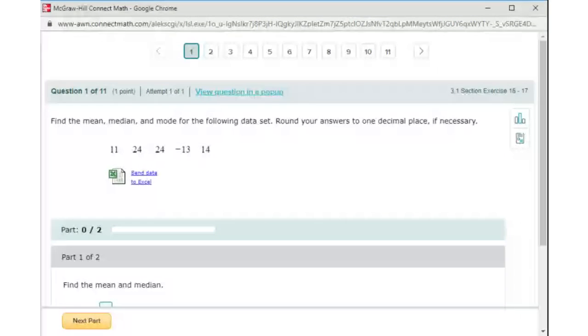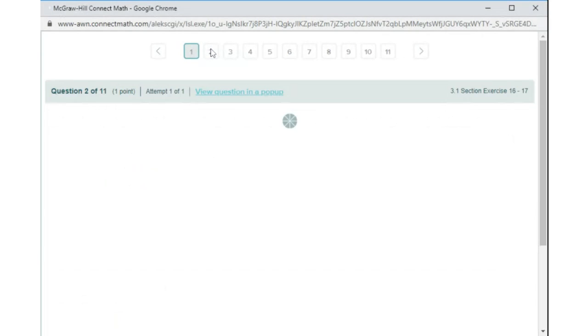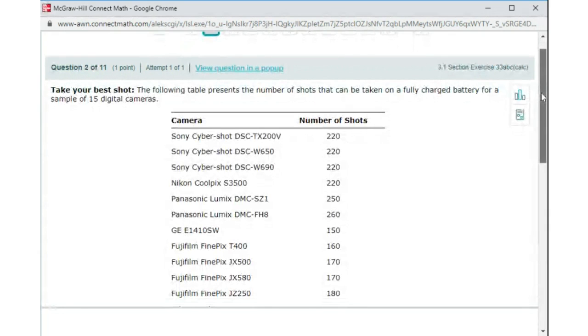So let's see what else we got. I think number 2 is pretty much the same thing. It's just got a lot of numbers on it. Let's see what it is. Is this a mean, median, mode type of thing?